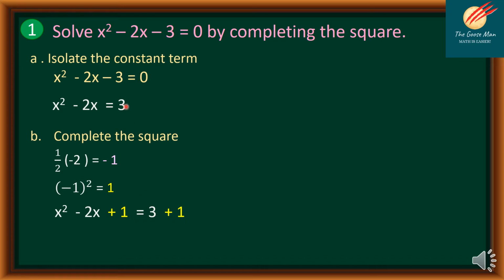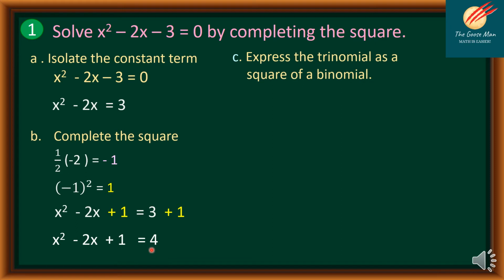We get this 3 from x squared minus 2x is equal to 3. That is why, to maintain equality, we add 1 to both sides of the equation. So we have now x squared minus 2x plus 1 is equal to 4. Letter C, that is express the trinomial as a square of a binomial.